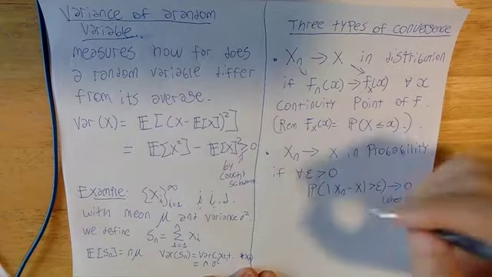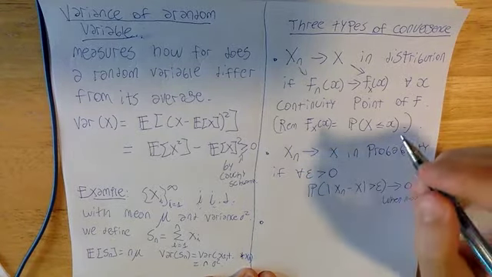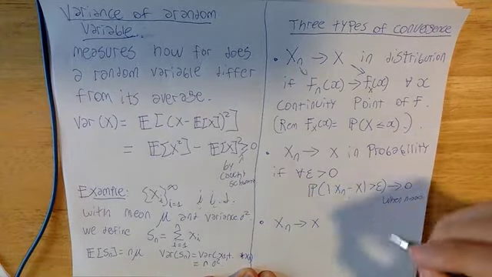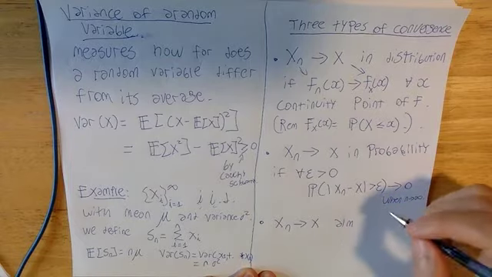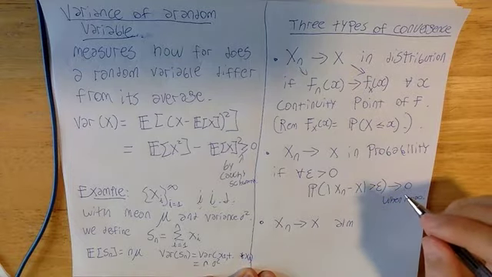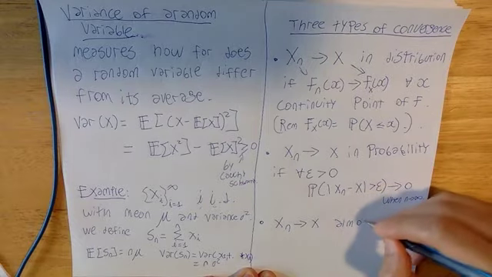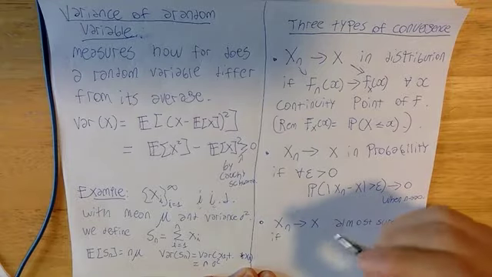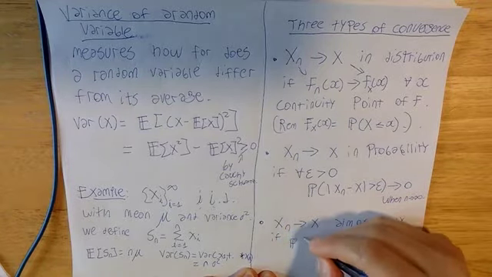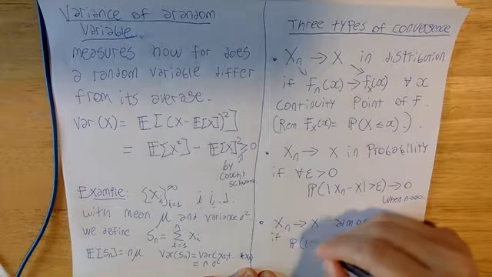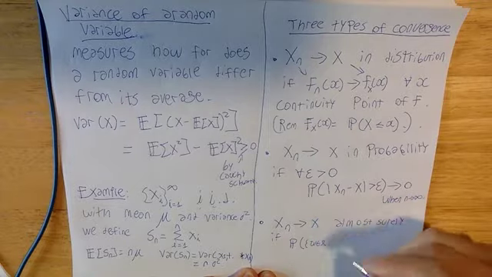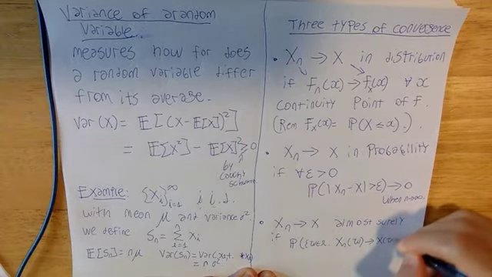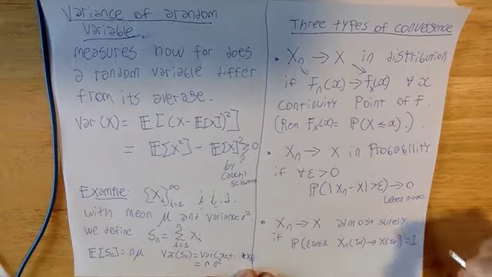And then finally, the third type of convergence: we're going to say that X_n converges to X almost surely if the probability of the set of omega in Omega such that X_n(omega) converges to X(omega) is equal to 1.